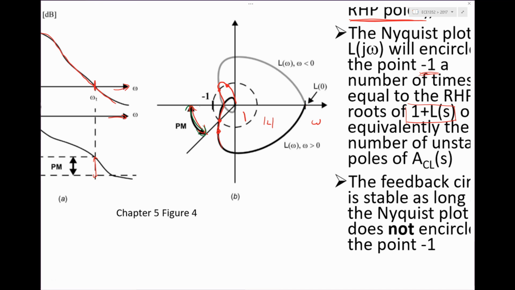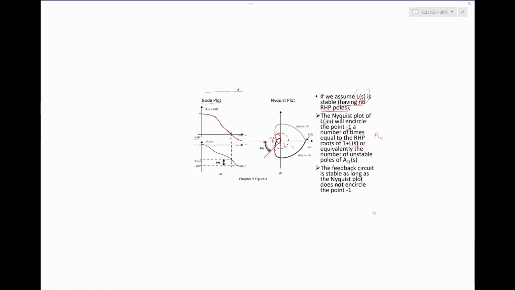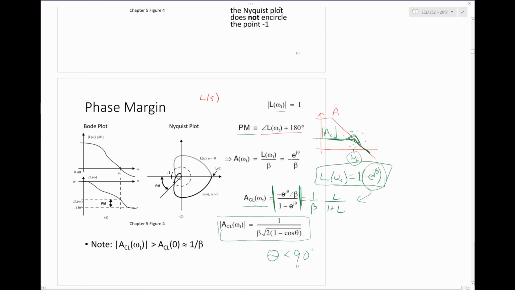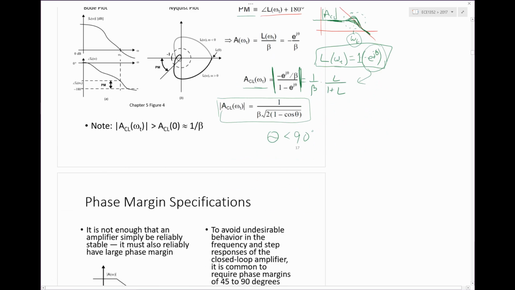We're really scared of being unstable, so we want a bit of margin there. That's what the word margin means. But when we specify in an assignment, or when your boss tells you you need a phase margin of at least 60 degrees, or at least 80 degrees, that's not because he's being super paranoid and conservative. It's actually a performance spec. And this is the first example of that we're seeing.